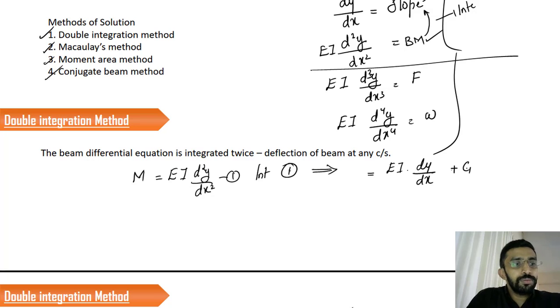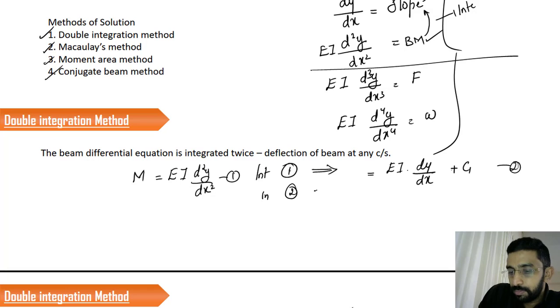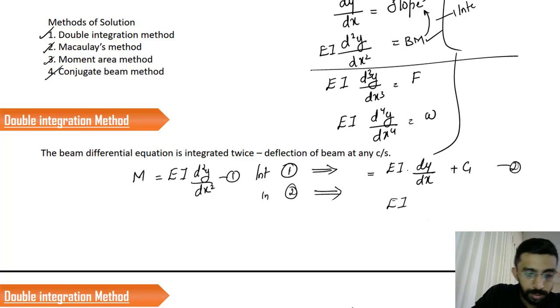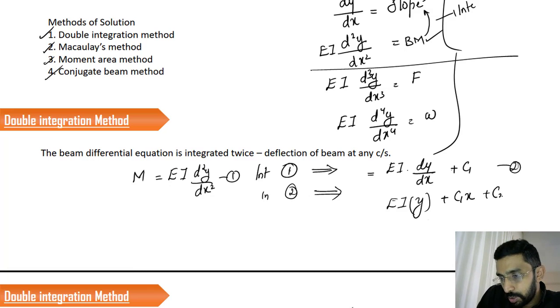This is what I am going to get. Again, if I integrate one more time, let us say this is 2, what will happen? Integrating 2, we are going to get EI into y plus c1x plus c2, right?